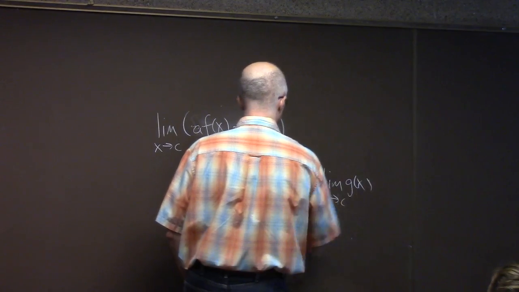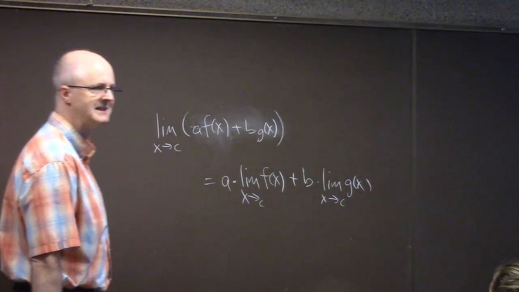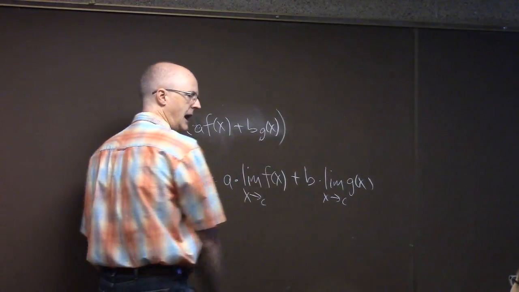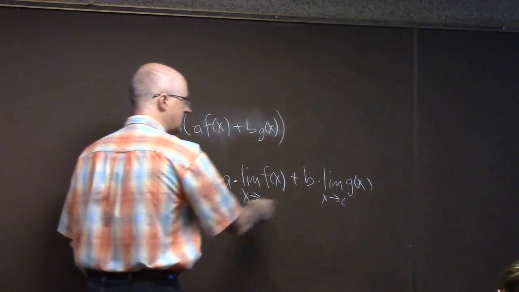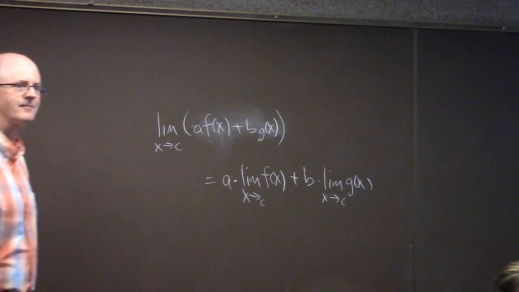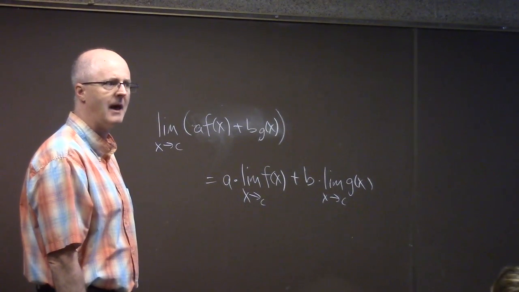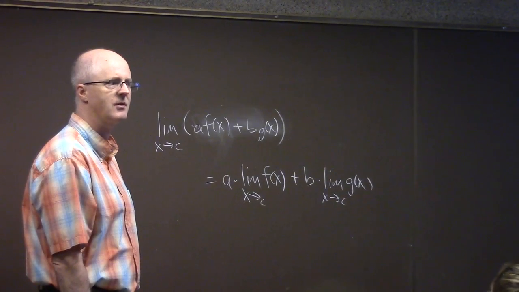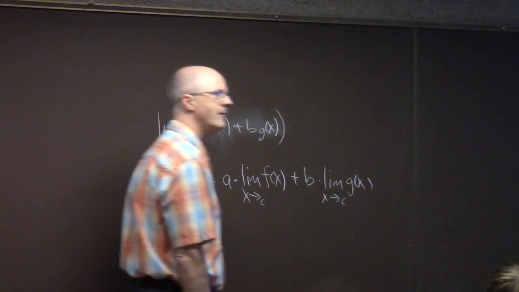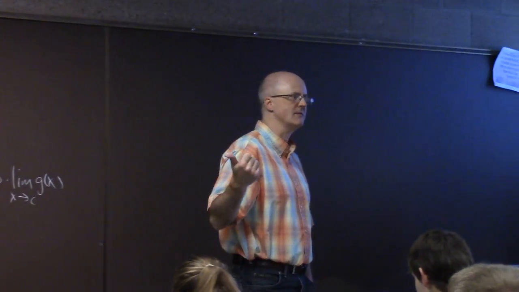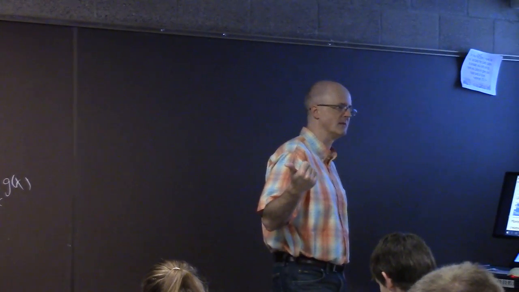When you assume the limit of f and the limit of g exist as x approaches c, then the limit of this function, where a and b are constants, will exist and will equal that. The proof of that could show up on the exam, an epsilon delta proof, for example. So that's a linearity property of limits in this case.